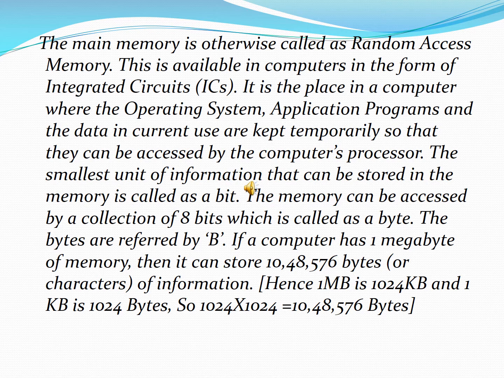It is the place in your computer where the operating system, application programs and the data currently in use are kept temporarily, because here we are using which memory? Primary memory. Okay, did you understand, all of you?